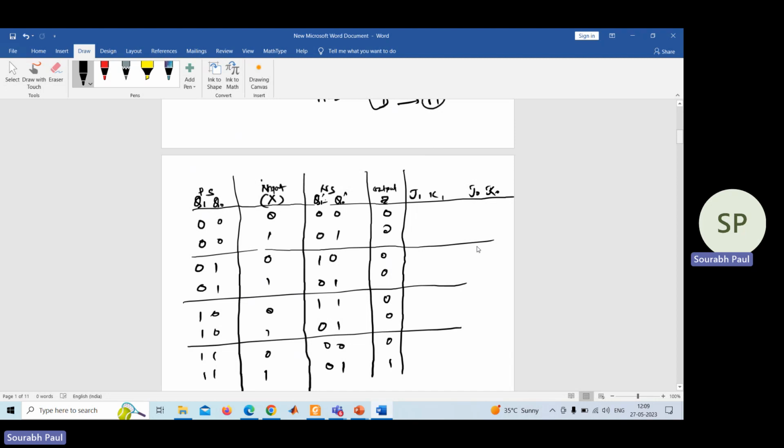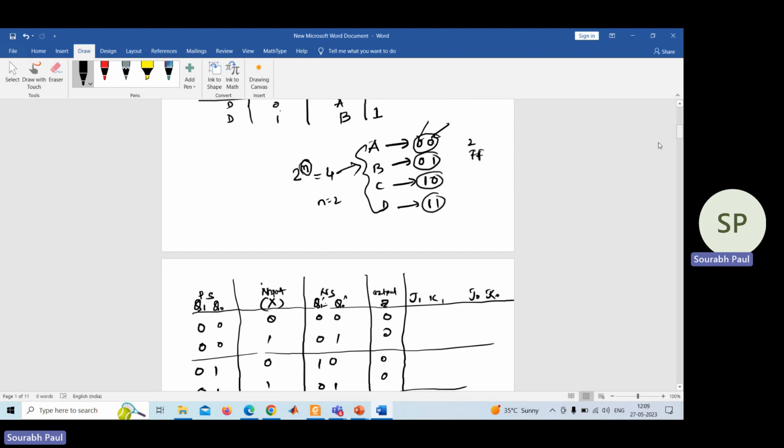Now what you need to do? You need to use the concept of the excitation table of JK flip-flop, and find out the values of J and K for each case. So what was the excitation table? Can you remember? If you have the present state Q and the next state Qn plus 1, what should be the values of J and K? That is your excitation table.